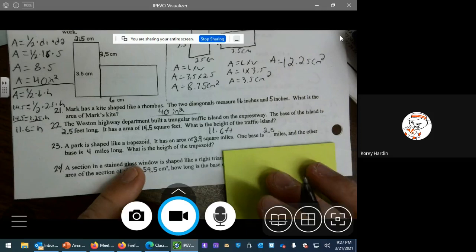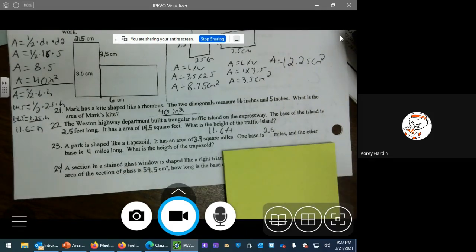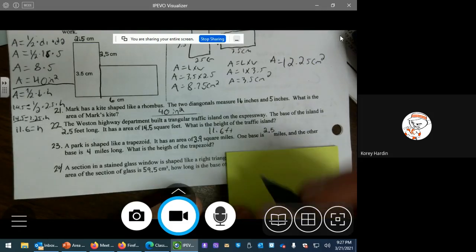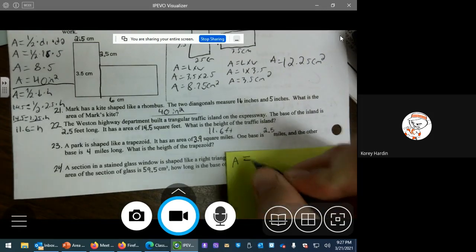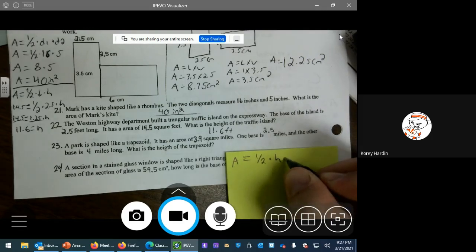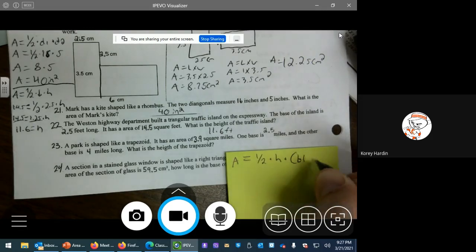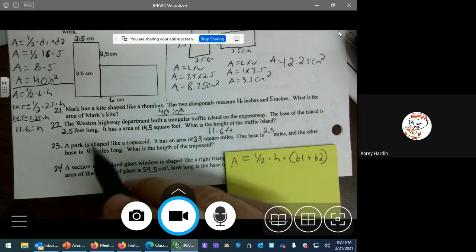So a park is shaped like a trapezoid. It has an area of 3.9 square miles. One base is 2.5 miles, and the other is going to be 4 miles long. So let's go ahead and answer that, okay? So my formula for a trapezoid is A equals 1/2 times the height times B1 plus B2. So let's fill in the information.